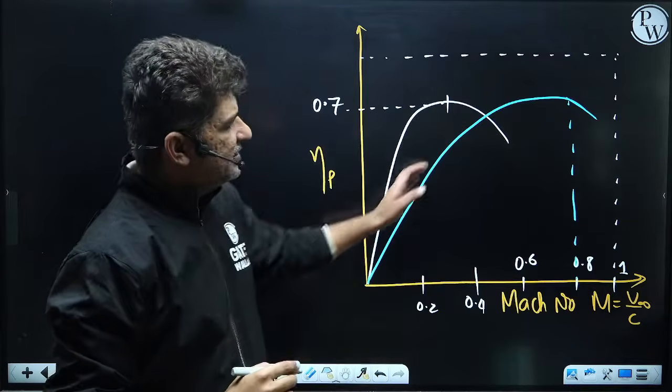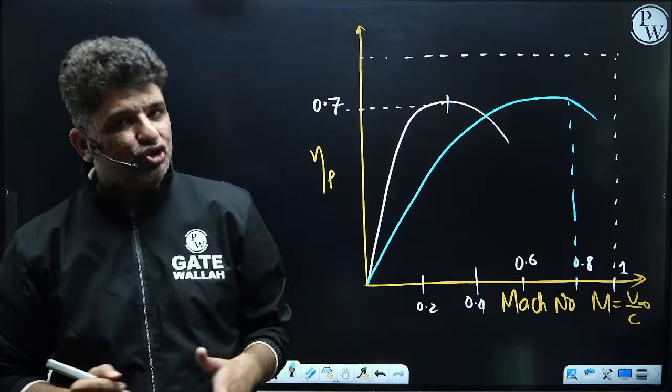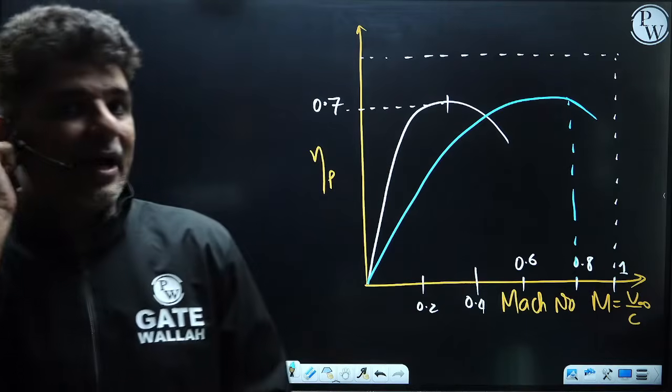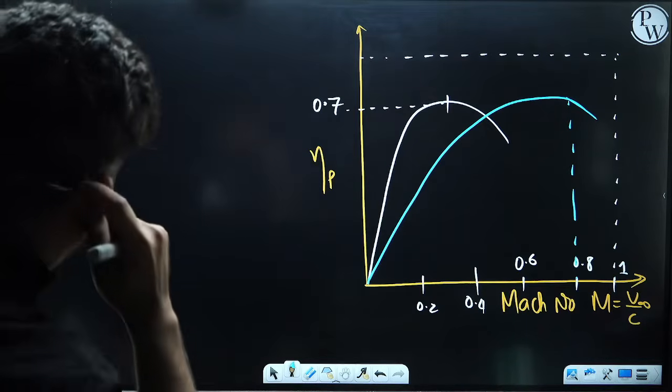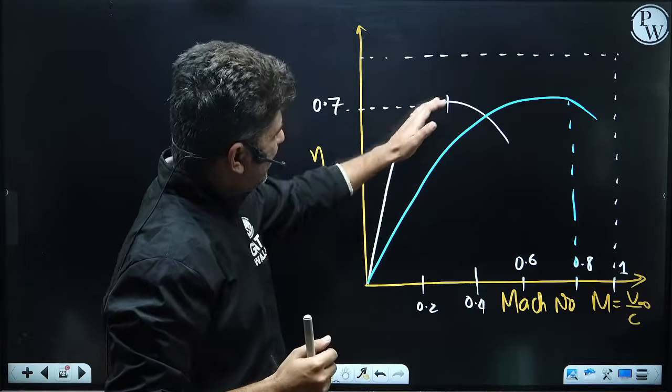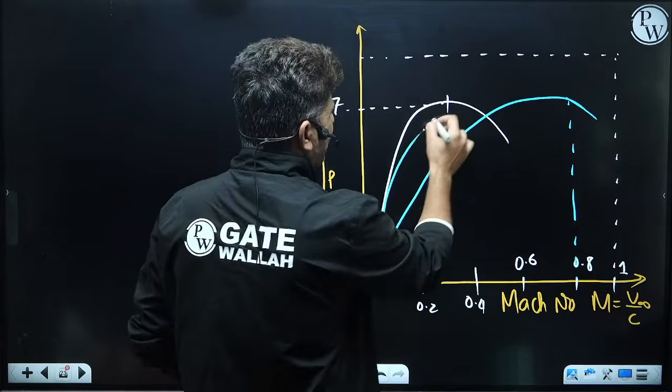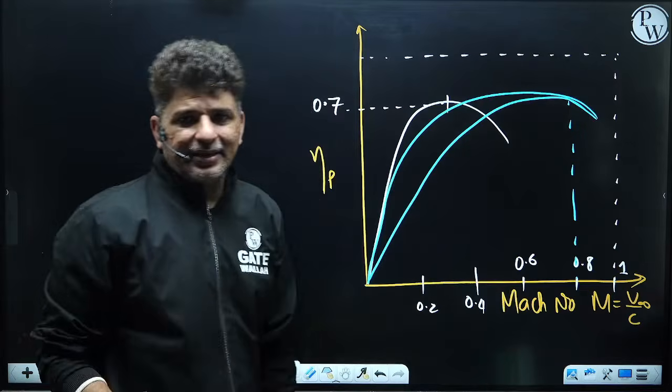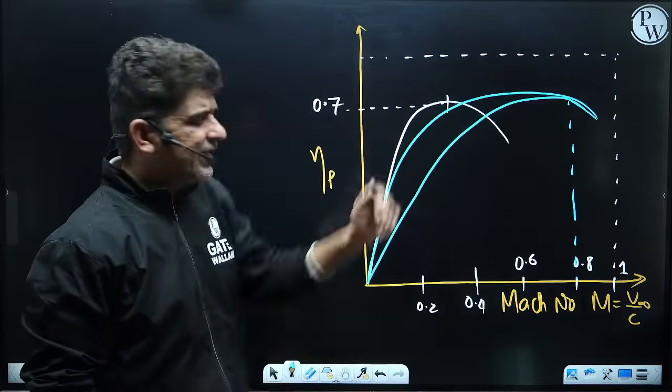So turbofans run much smoother over a larger domain and give a broader efficiency. Sometimes this efficiency could overlap with this, and that again depends on design to design.